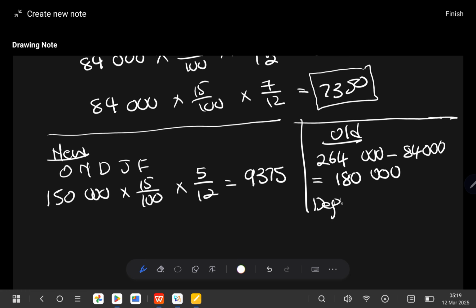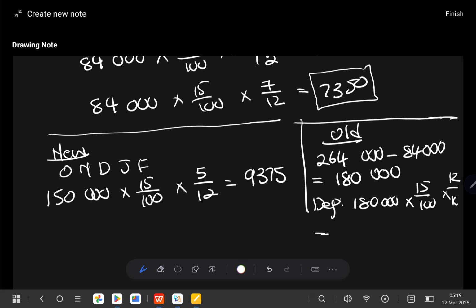So our depreciation will be 180,000 multiplied by 15 over 100, and then multiply by 12 over 12. This one, remember, it will not have residual value because the accumulated and the cost are too far from each other.